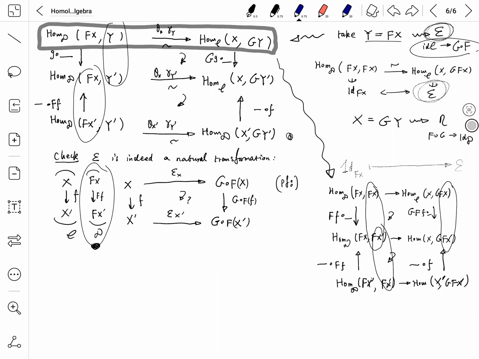More precisely, should we denote this by epsilon x? This is the same as epsilon x here. Okay, so here is mapped to G composed with F composed with small f, then epsilon x. Or you can write this, which is exactly the composition of these two.